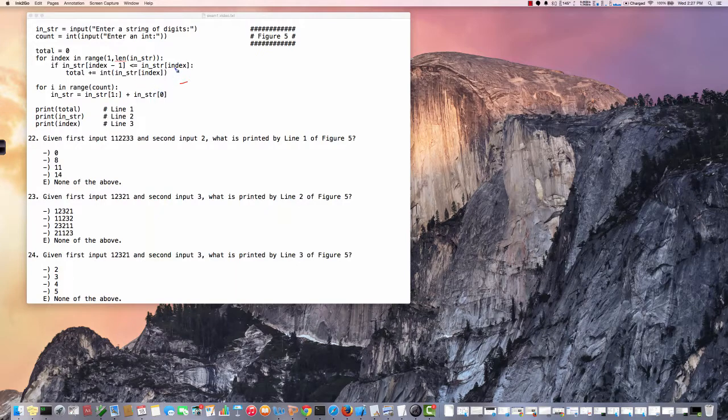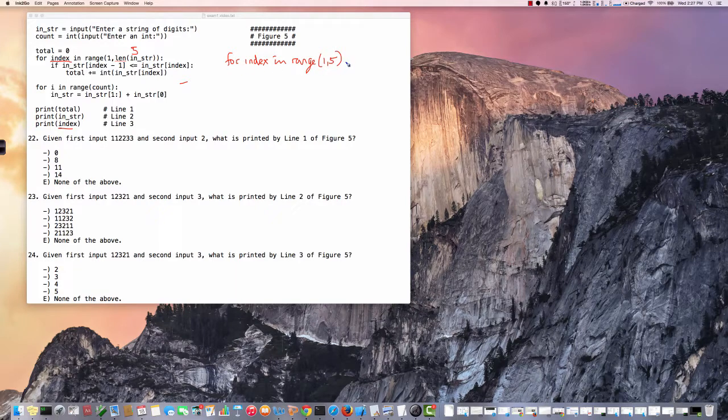So we're looking at index. So when this value is being input in here, 1, 2, 3, the length of that is 5. So we're really looking at for index in the range of 1 to 5.